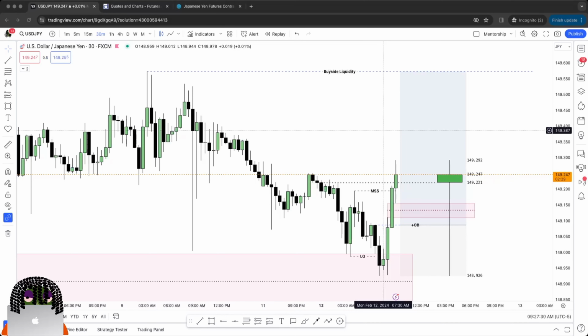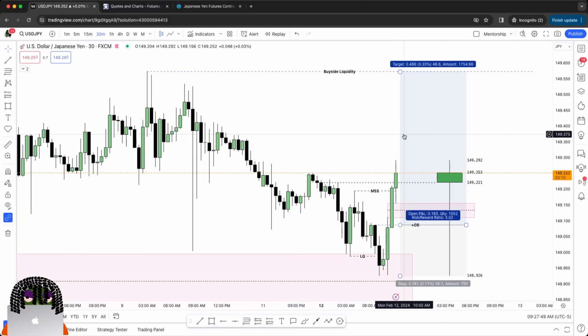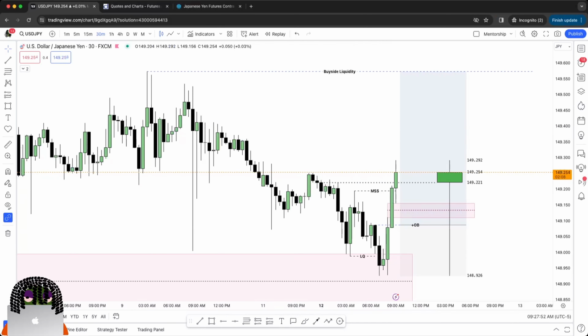The spreads are always good on Sway, so I'm not even worried about the spreads. Look at, yeah, EU not doing anything. So yeah, we're only looking at UJ. Let me see if anything else is doing something.